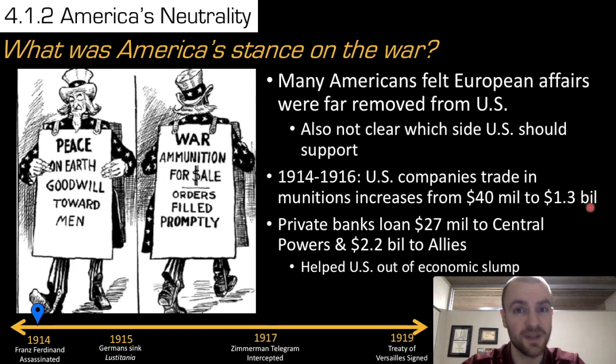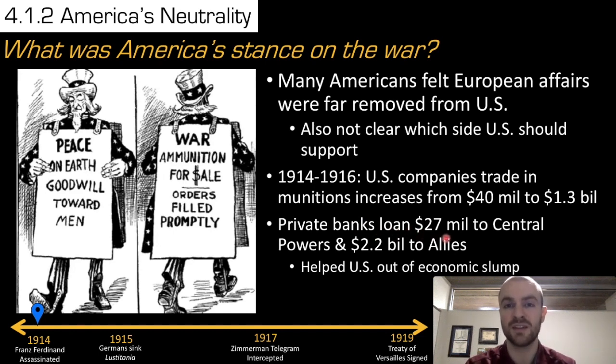Our private companies are building weapons, are building munitions, and then selling them to these countries that are at war. So we're profiting off of their war. Likewise, private banks had lent $27 million to the Central Powers and $2.2 billion to the Allies.